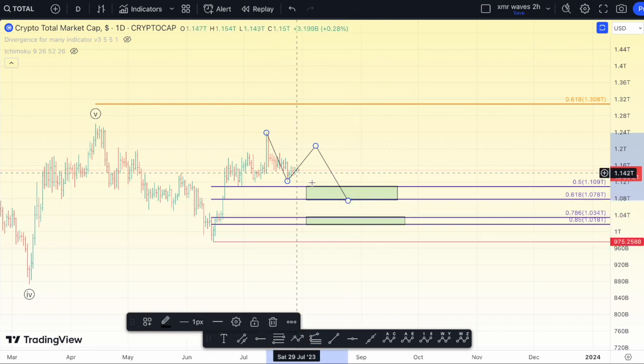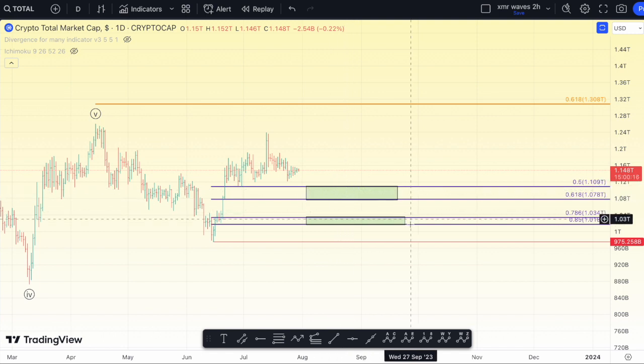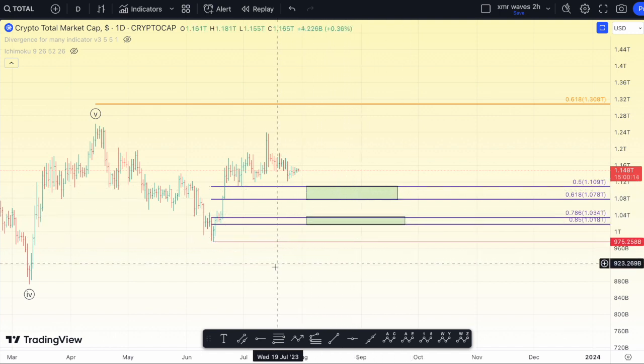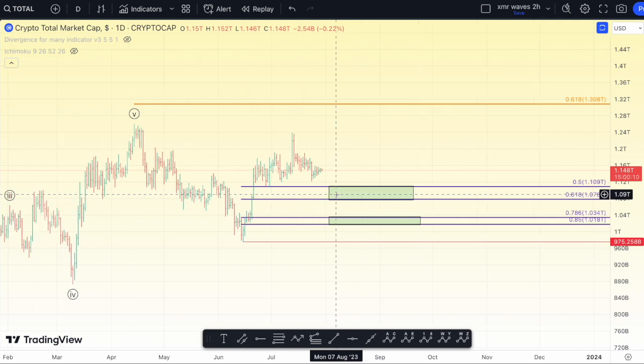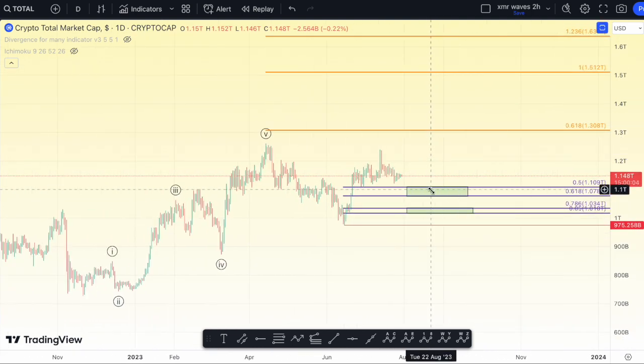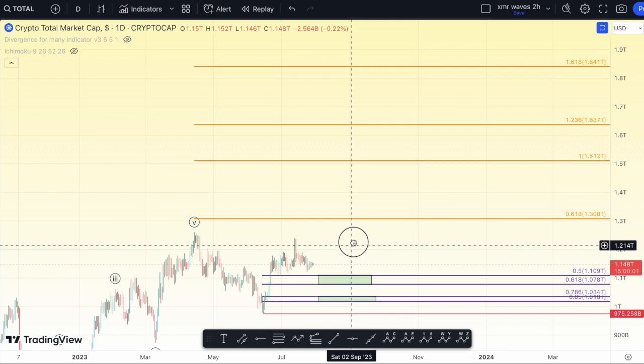But it doesn't matter for the purpose of this video. We are trying to identify these zones and look for reactions here whenever we touch them. And as I said, this level is going to work as our stop loss, and these will be the targets of this move.